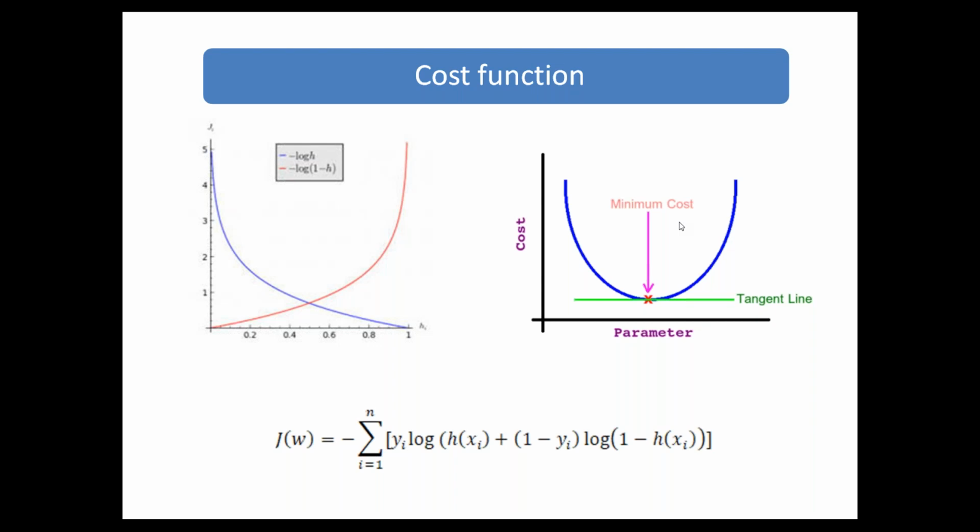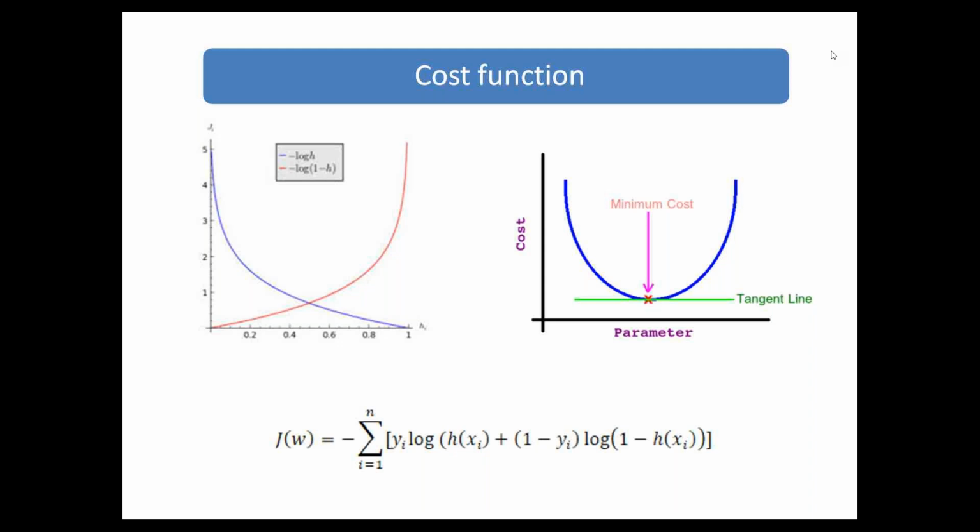But here, even after you differentiate, suppose I differentiate dou J by dou w to find the optimum value. If I equate it to zero, in the linear regression case this is a linear equation, so I have solved it directly.